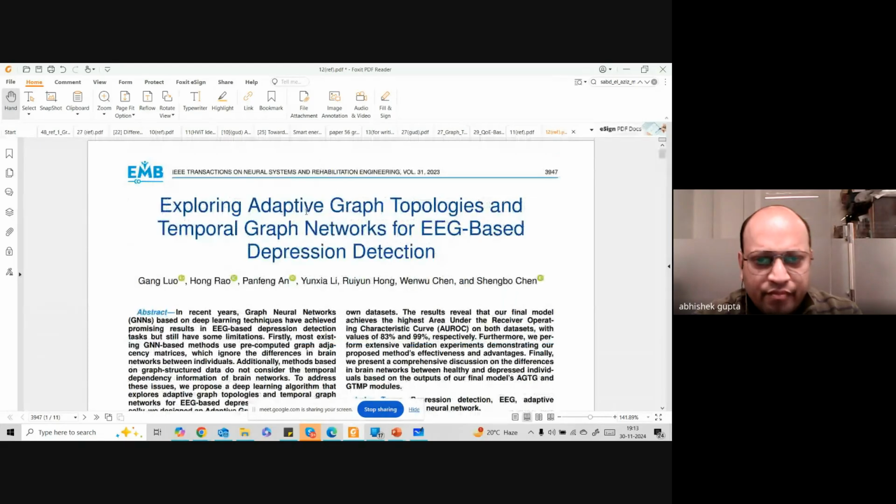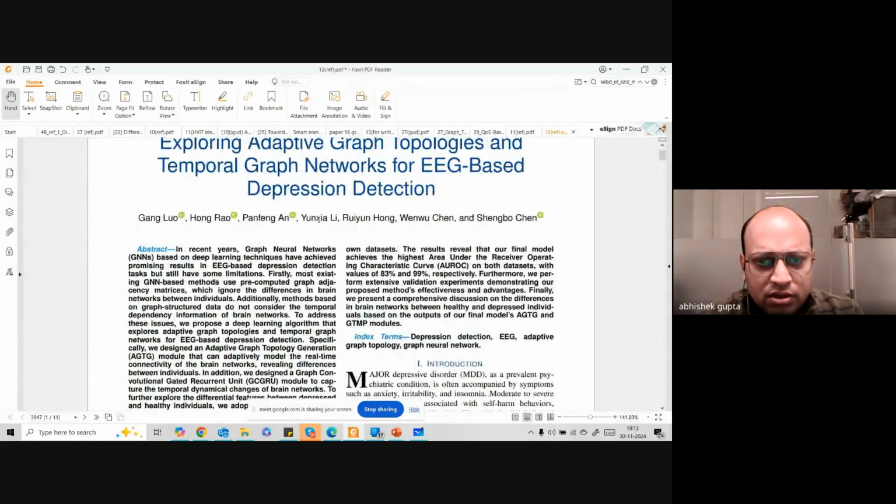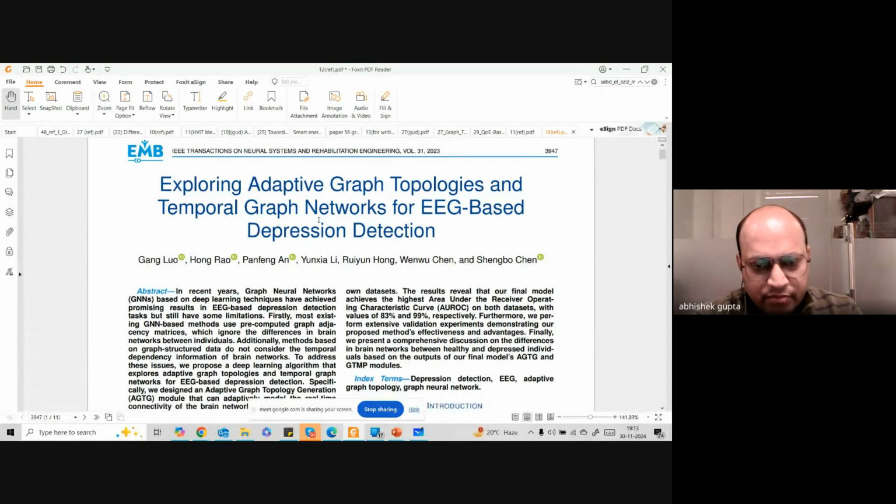So this is the paper. This paper was published in 2023 in IEEE Transactions on Neural Systems and Rehabilitation Engineering. And the prestigious author for this is Gang Liu. Although we have seen that the major contribution to graphical deep learning is coming from Chinese researchers and US-based researchers, and a very small contribution from other countries is observed.